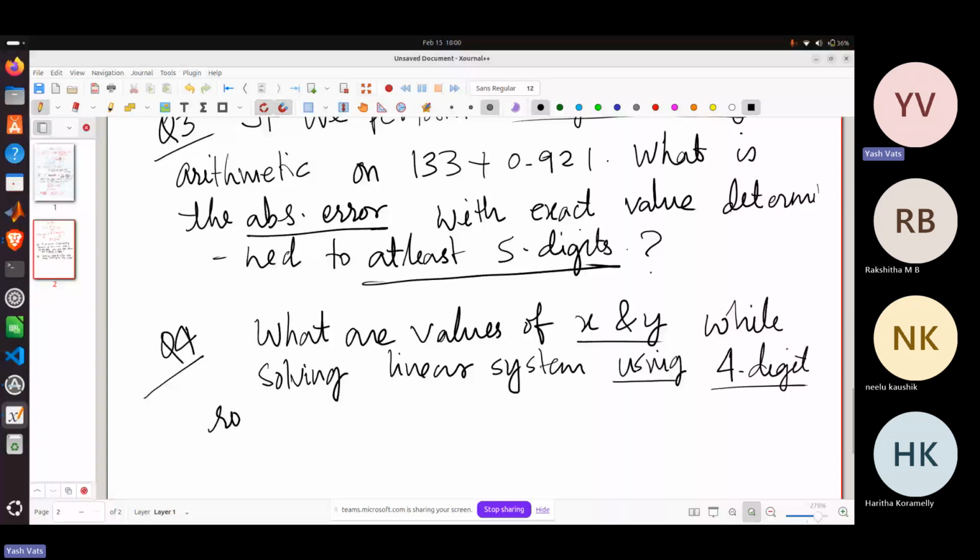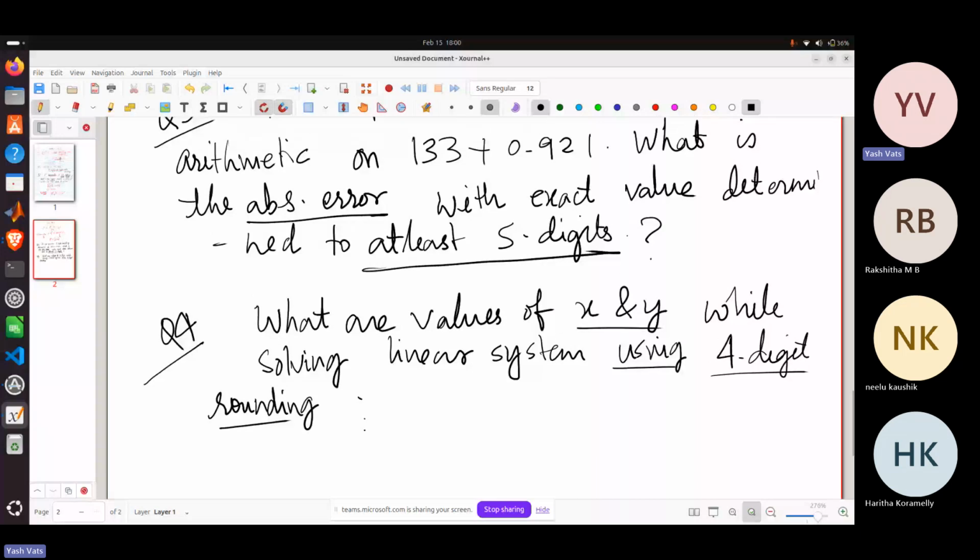Keep the note on rounding part. I'll just write the linear system.